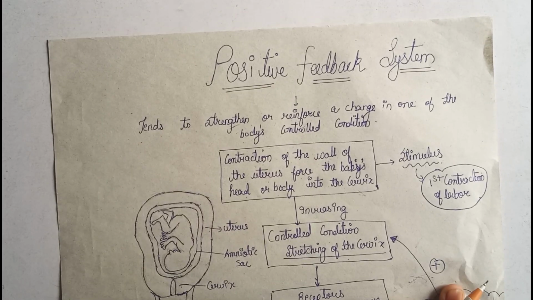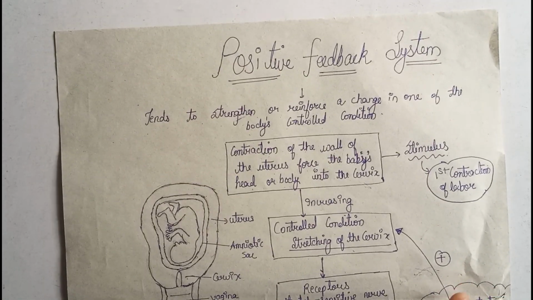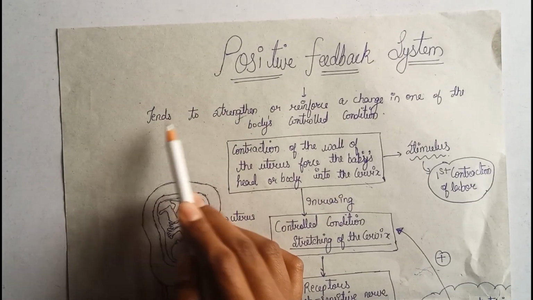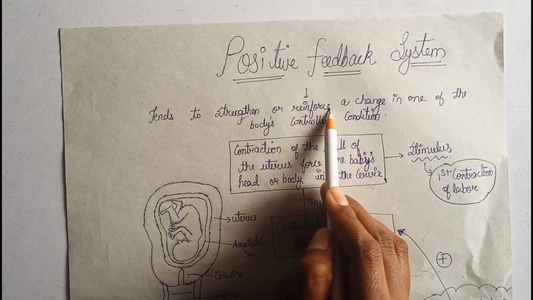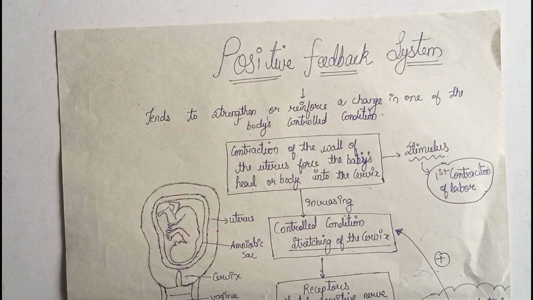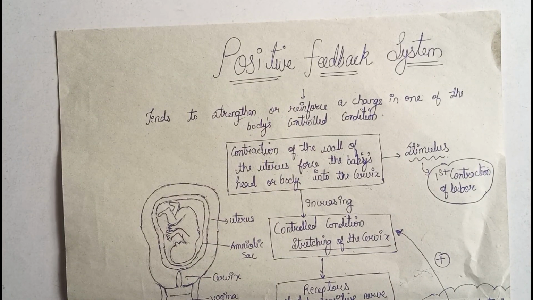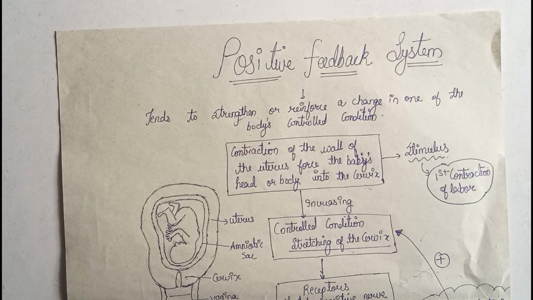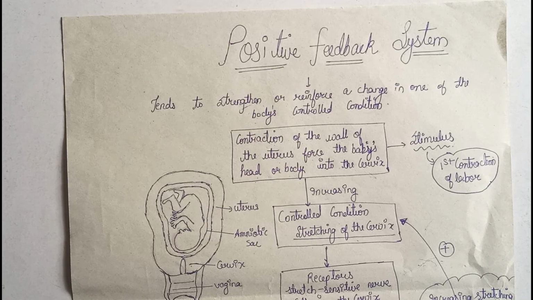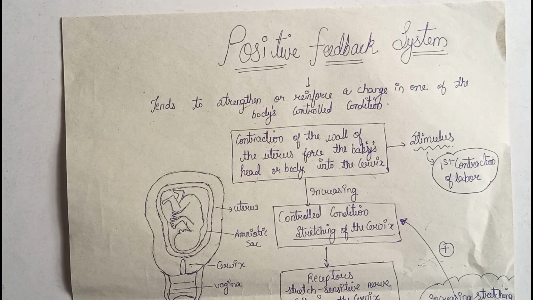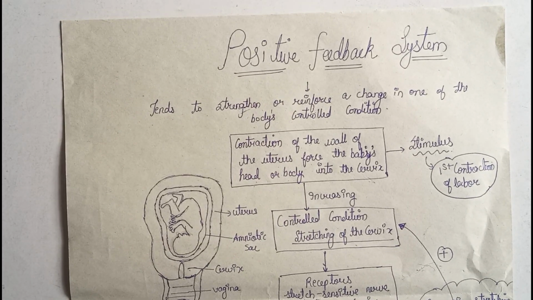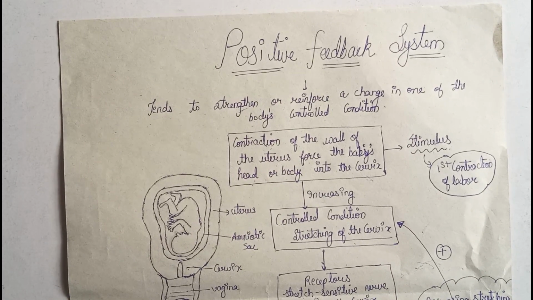Okay, so let's discuss the positive feedback system again. What is the positive feedback system? It tends to strengthen or reinforce a change in one of the body's controlled conditions. I'm taking the example of normal childbirth, or delivery, or parturition, to understand the positive feedback system.